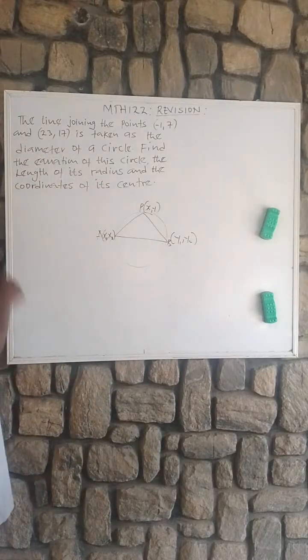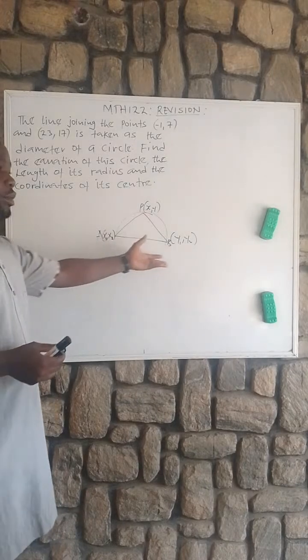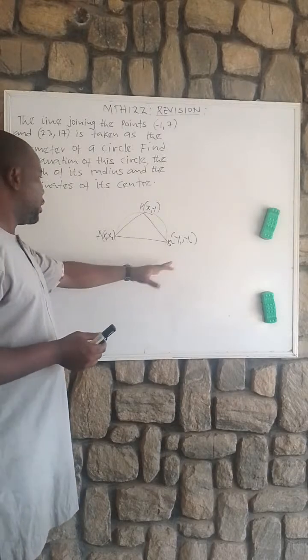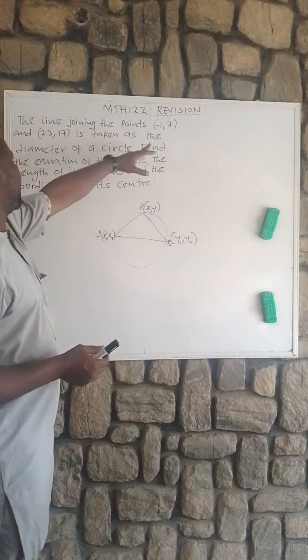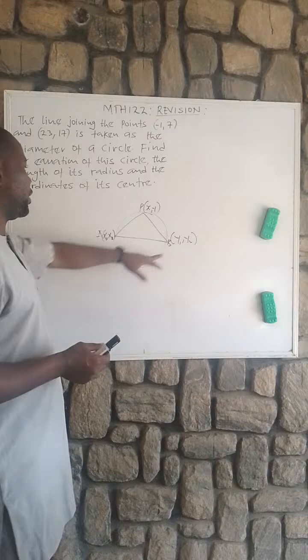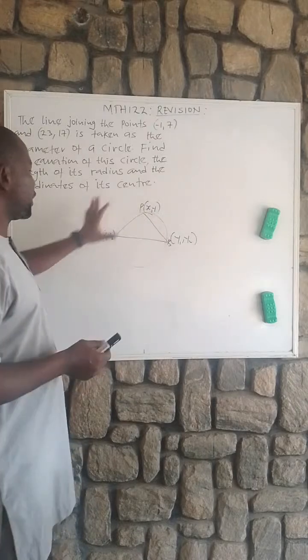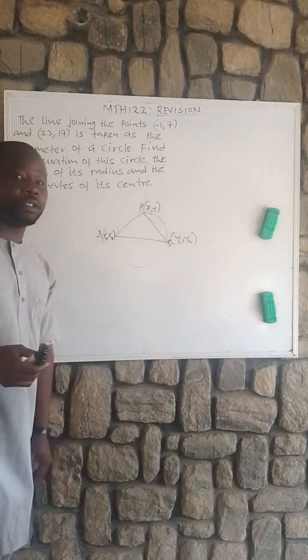You understand? So the diameter of this is taken as the diameter of a circle. Find the equation of this circle. If I want to find the equation of this circle, it means the product of the gradients equals minus 1.